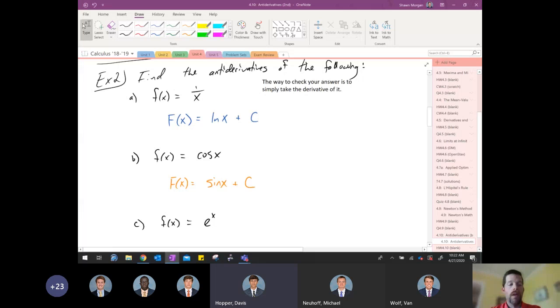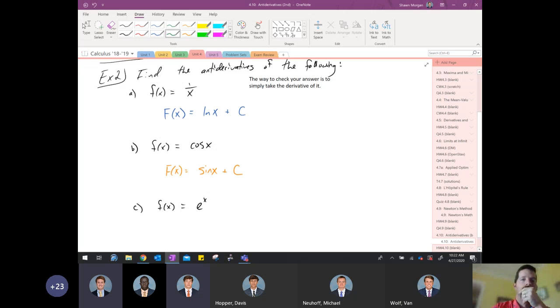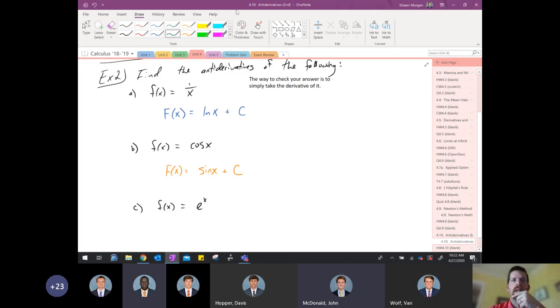All right, so if you look at part C now, like I said, these are some of the basic rules that hopefully we have memorized, okay? So, Amish, can you think of a function that has e to the x as its derivative? It's one of those that we had memorized. What do you think, Patel?